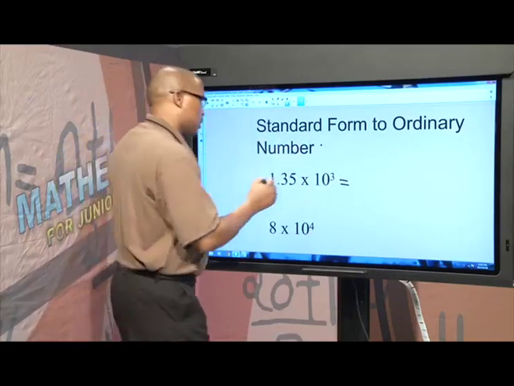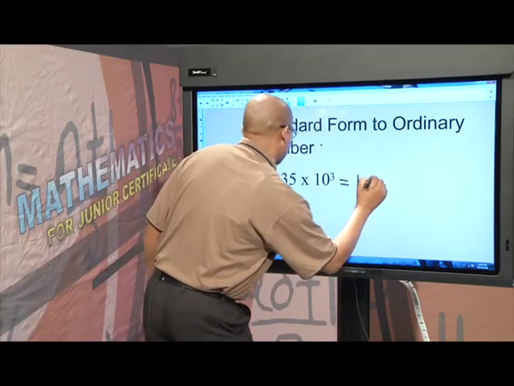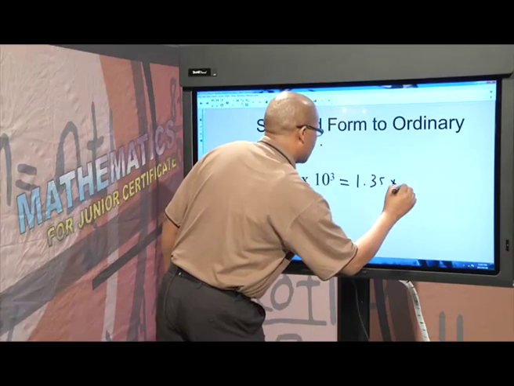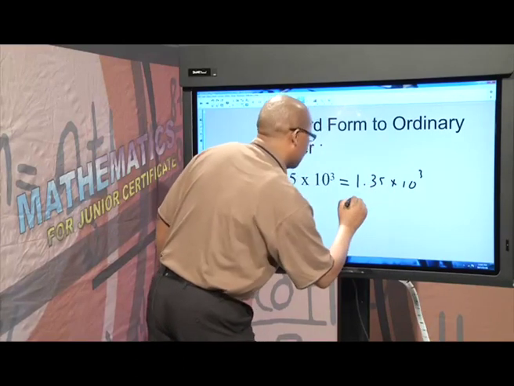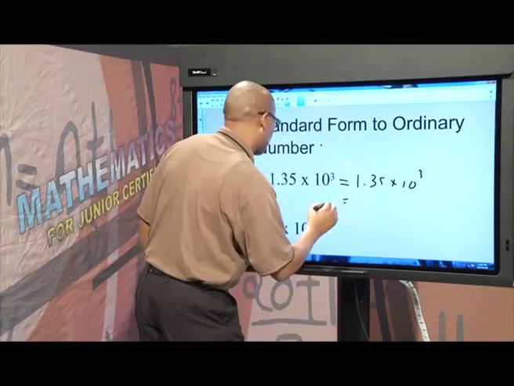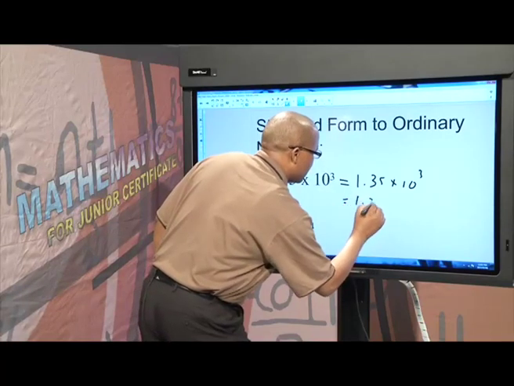So it's 1.35 times 10 to the power 3. This will be, the point is here, so we need to move it to the right. So I'll write this as 1.35.